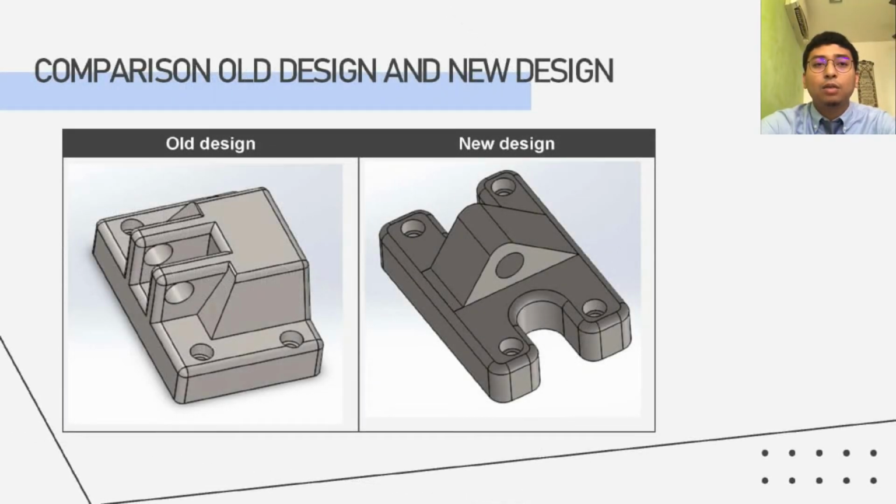In the comparison of the old and new designs, for the old design the shape is simple, has more edges, and the size is big compared to the new design. For the new design, there are no more edges, and the shape is complex. The important thing is that the size is small compared to the old design.